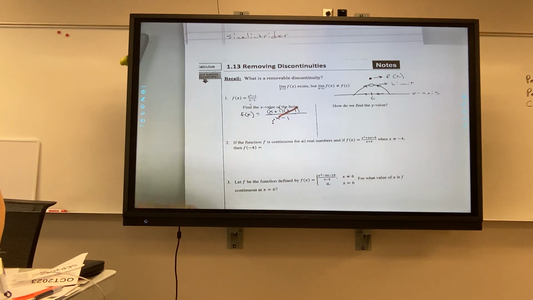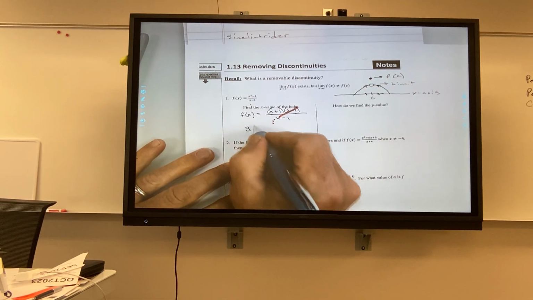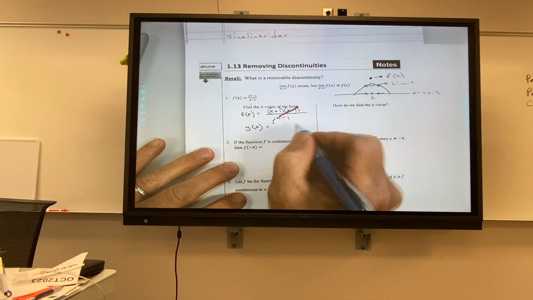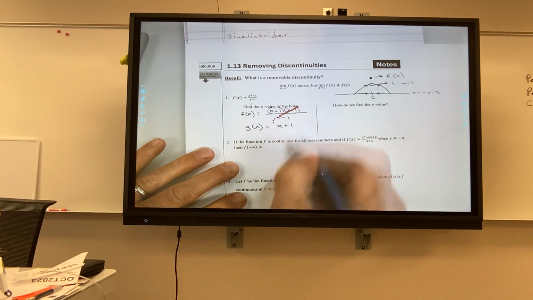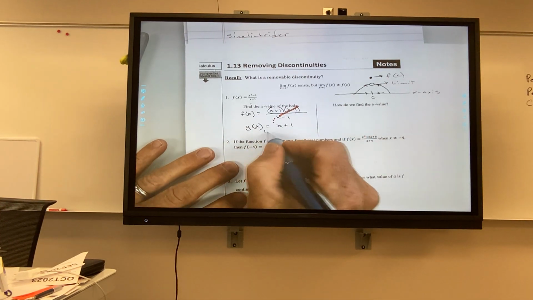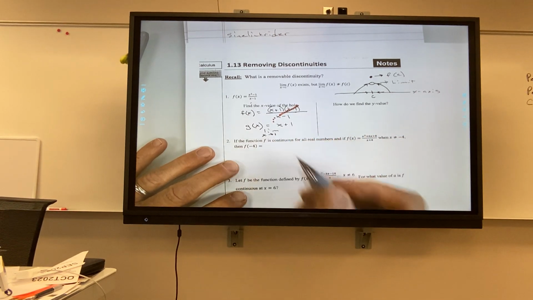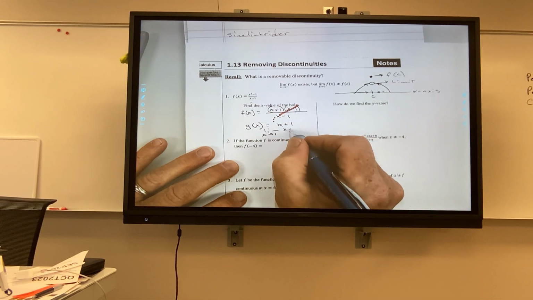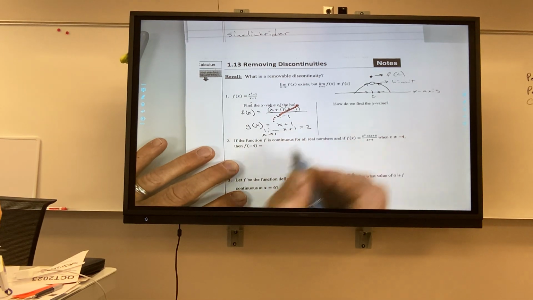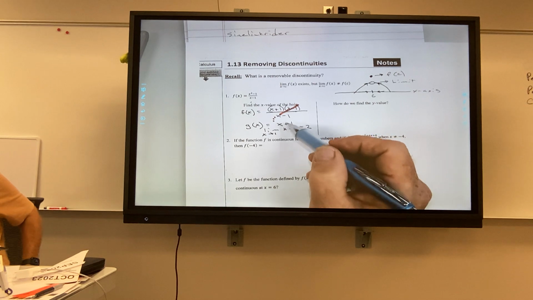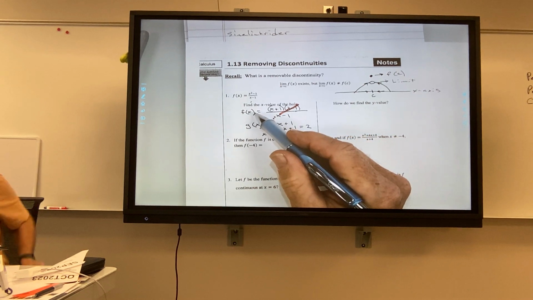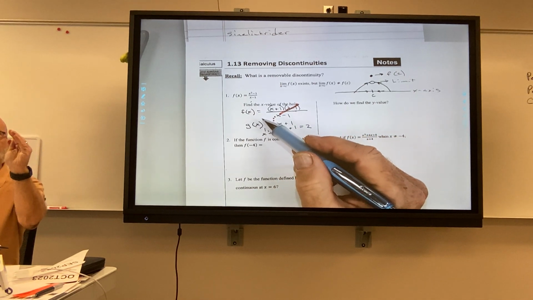And so a new function is formed, g of x is equal to x plus 1. And we can take the limit as x approaches, let's say, 1 of x plus 1, and we would get 2. So g and f have identical y's.